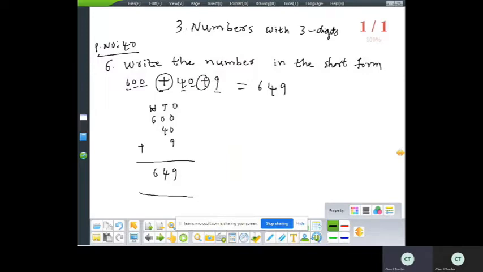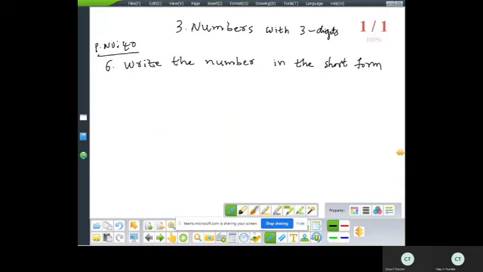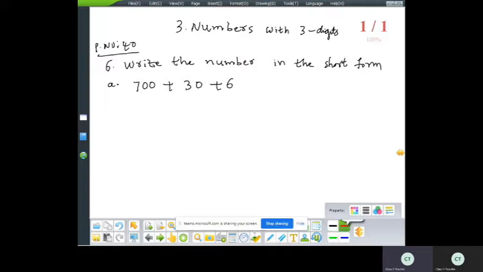Now second one, A. 700 plus 30 plus 6. What is the short form of 700 plus 30 plus 6? First, we look at the place values 1, 10, 100.